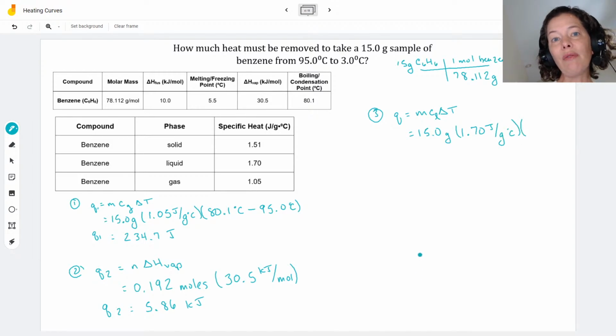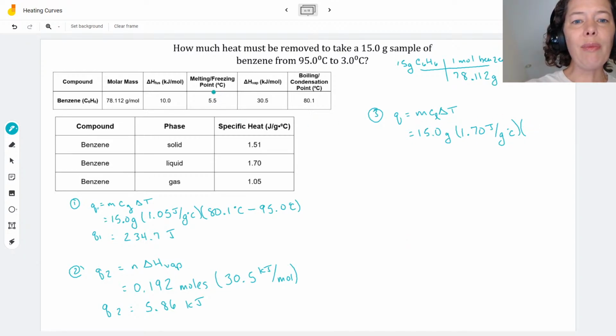And my delta T for this is I'm starting at the boiling point or the condensation point and coming all the way down to the freezing/melting point. So I have my melting point here at 5.5. And I started at the condensation point, which is 80.1.